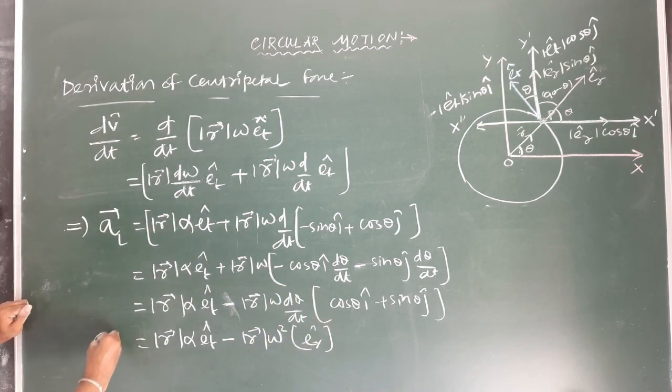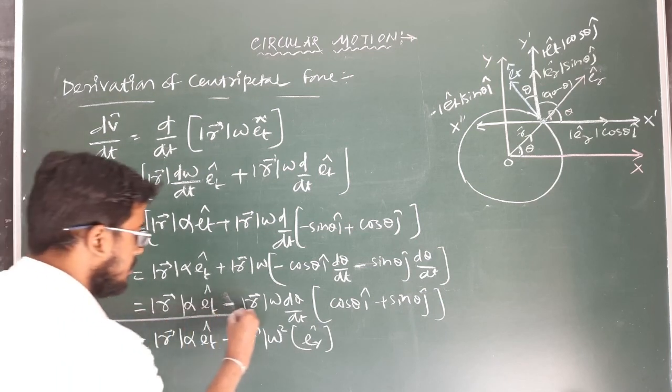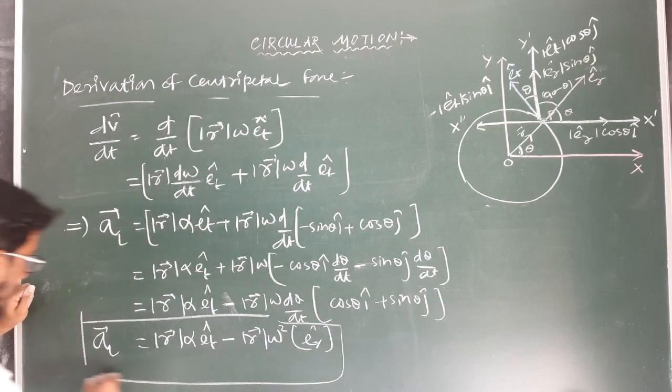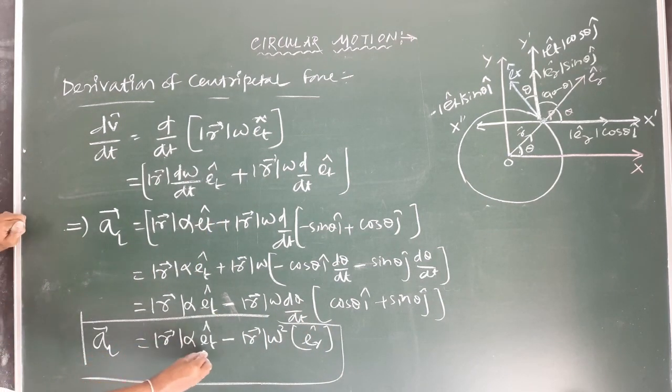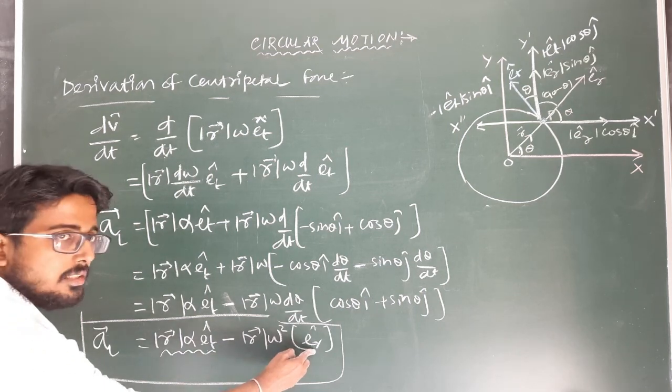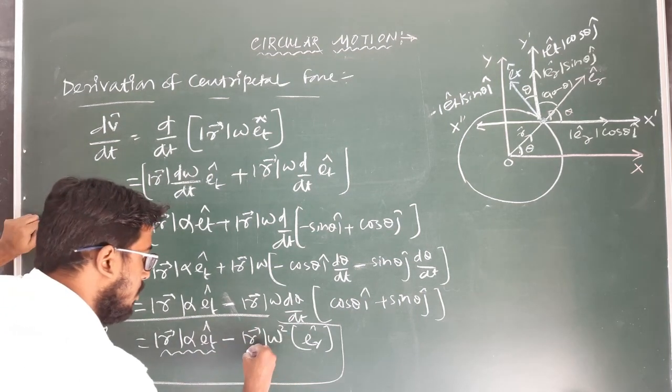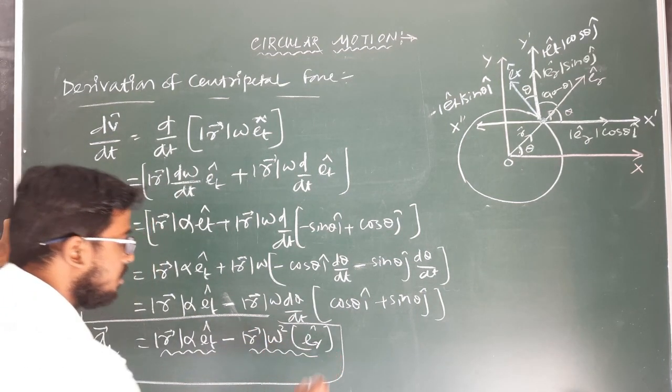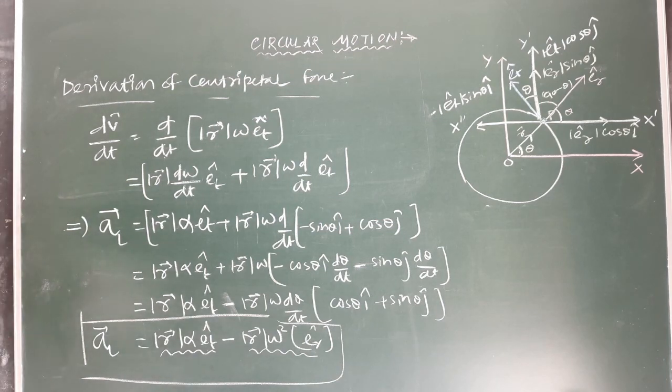So the total linear acceleration of a body executing circular motion will be this much, where Et is the unit vector along the tangential direction, that means this acceleration is along the tangential direction, and as Er is the unit vector along the radial direction, this will be the acceleration along the radial direction. Clear?